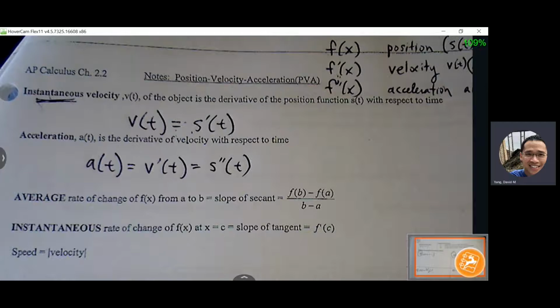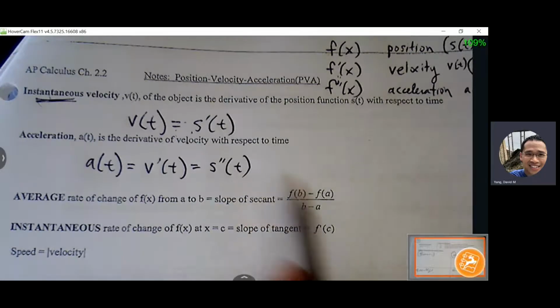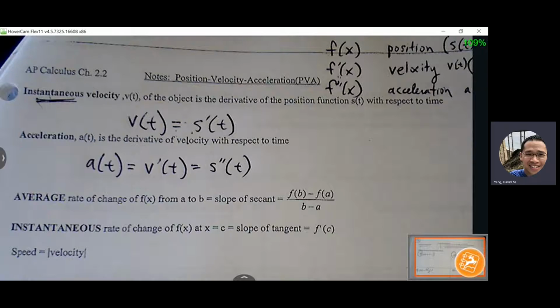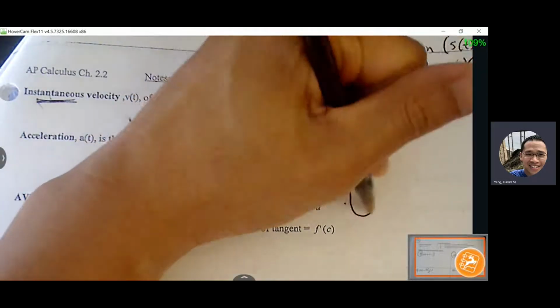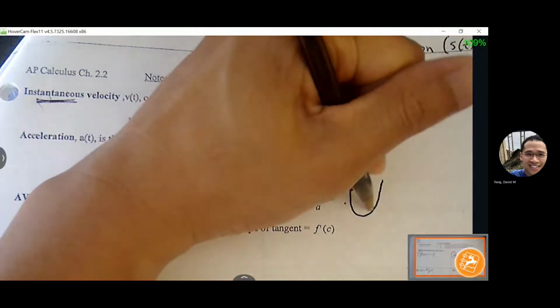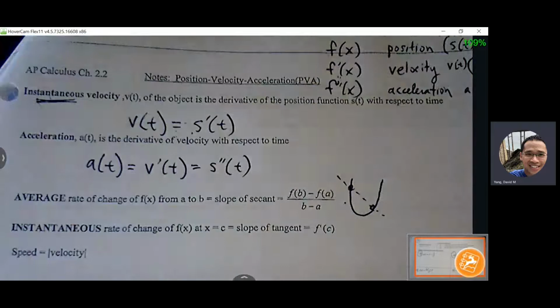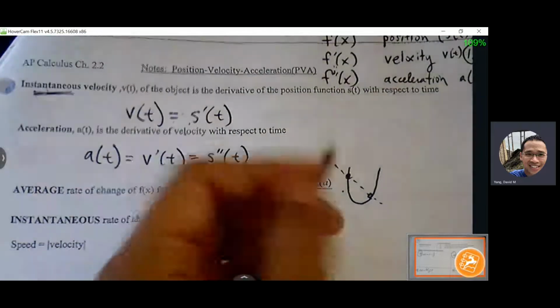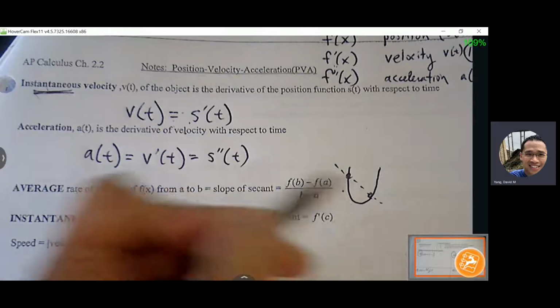Okay, average rate of change is the slope of the secant line. Slope of secant, that just means a line that goes through 2 points of the curve, and we're just trying to find that slope. So if the graph looks like this, then a secant is just a line that touches through 2 points, right? A tangent line is one that just skims the surface of the curve at 1 point.